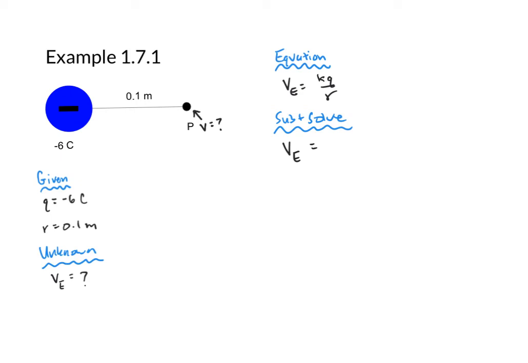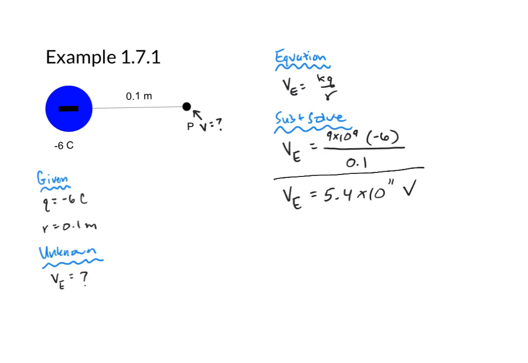Let's start with K, which is 9 times 10 to the 9th, times Q, which is -6, divided by R, 0.1. When I stick that in a calculator, I get that my potential is 5.4 times 10 to the 11th, and my units here are going to be, as you probably expected, volts.